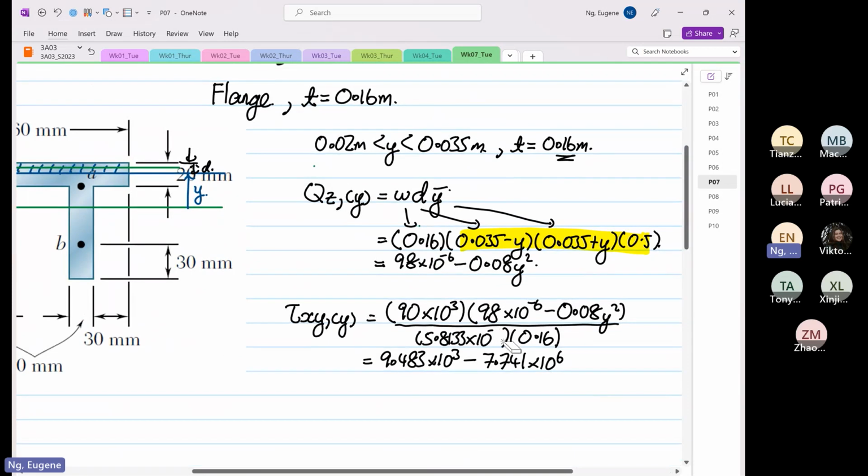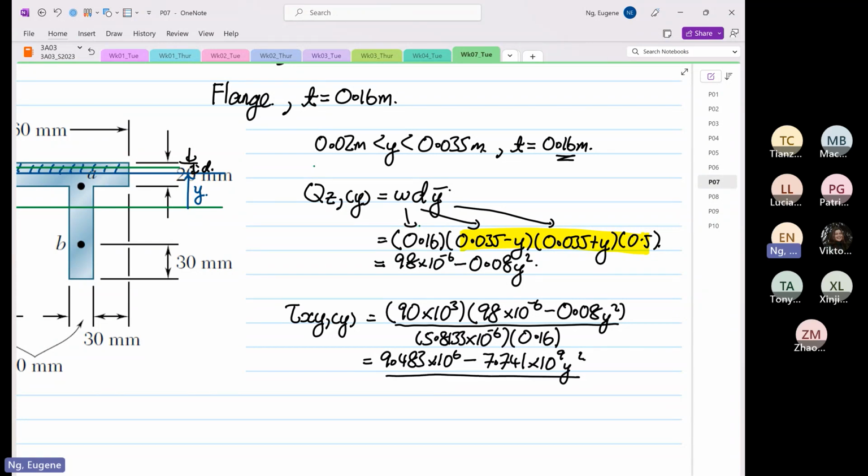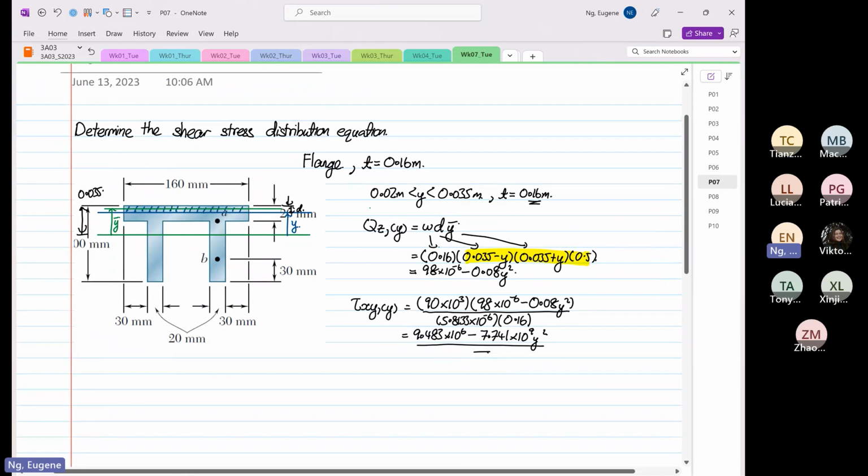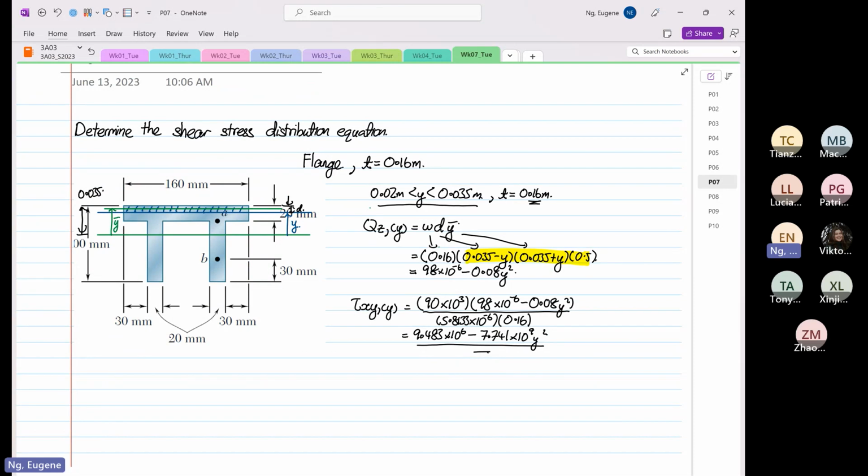Too much rushing. So this is power of 6, this is power of 6, and then this is power of 9, and then your y squared. So this is your shear stress distribution, and it's only valid for y greater than 0.02 and less than 0.035. I'm going to stop here.